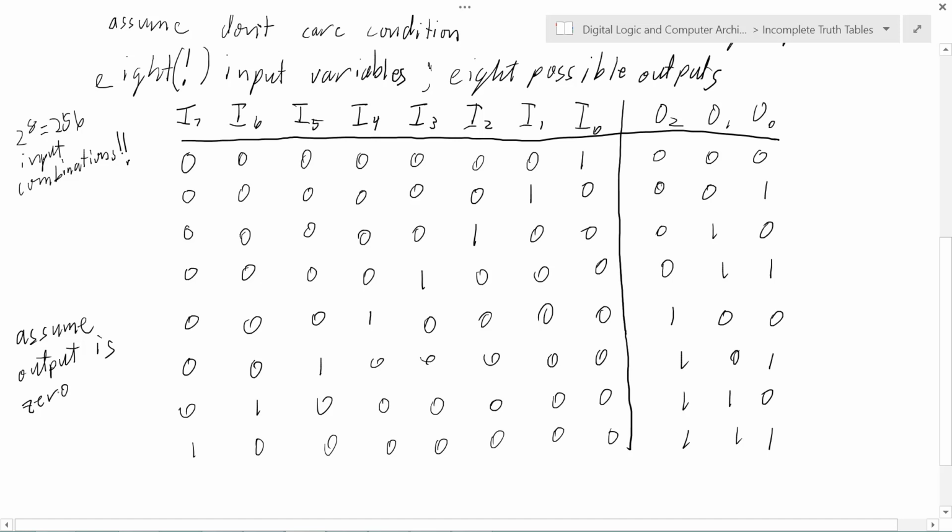So now we need to see where the output bits 0, 1, and 2 are equal to 1. Anytime the entry is unlisted, the output bit O0, O1, or O2 is equal to 0.